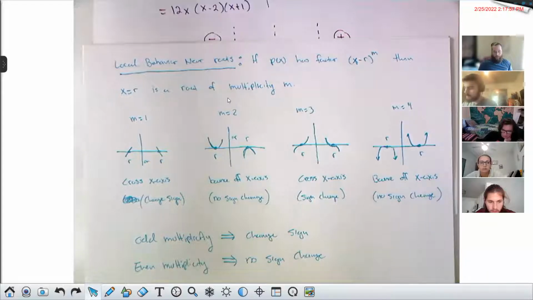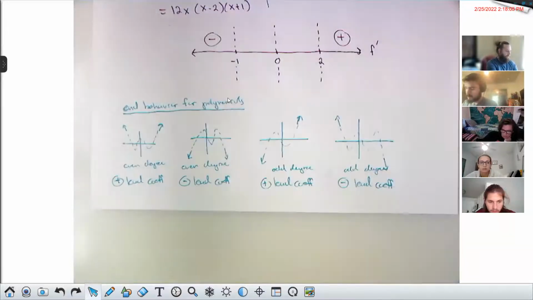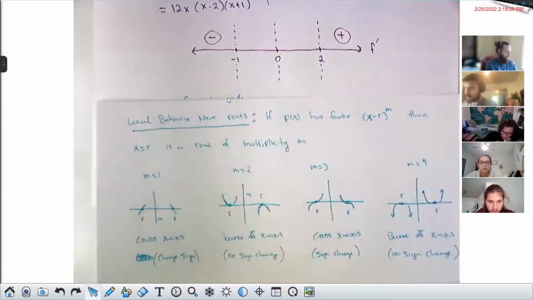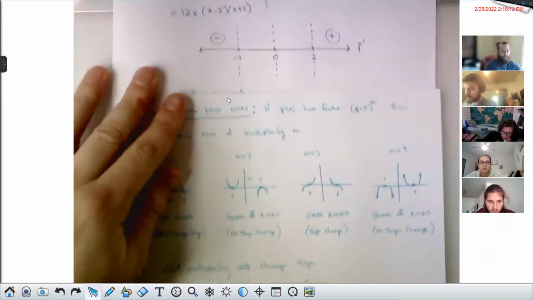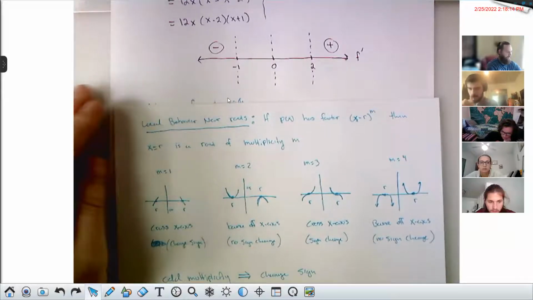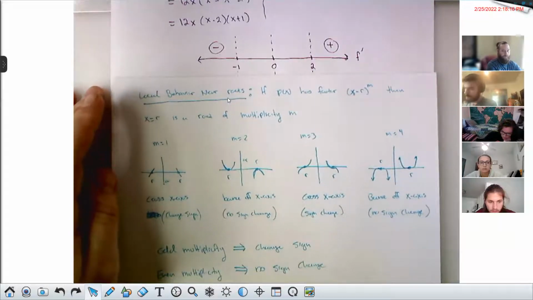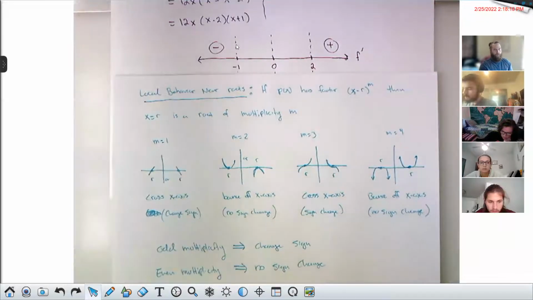This is our quick and dirty review of local behavior near roots and end behavior from pre-calculus. We can apply these to our derivative. For example, this root at -1, that is a root for f prime, comes from this factor, which is a multiplicity 1 factor.